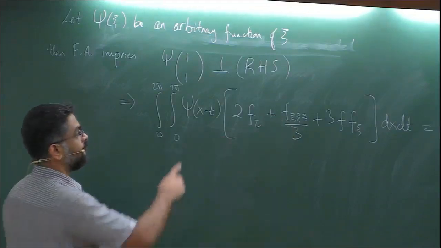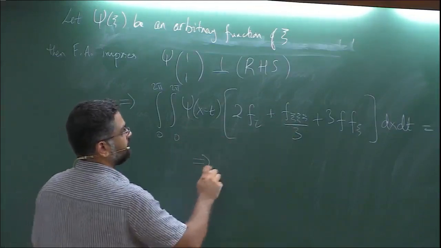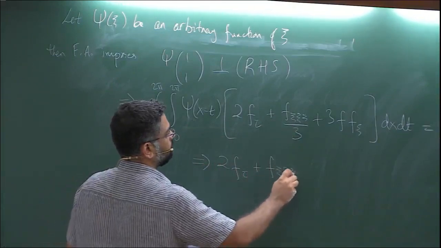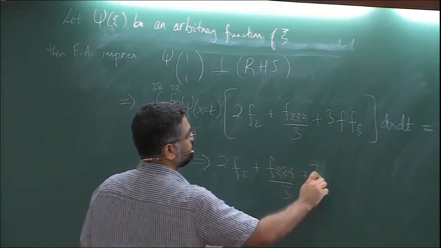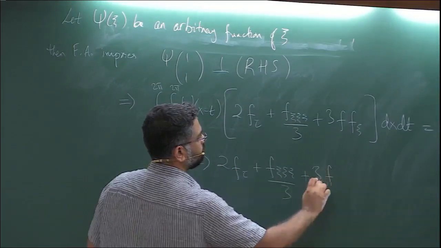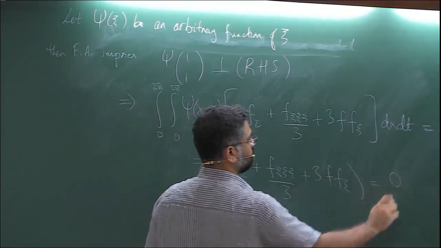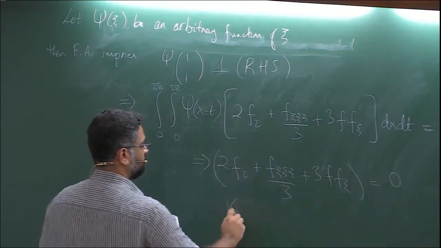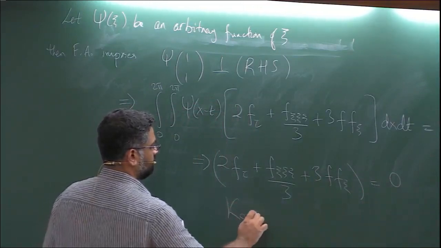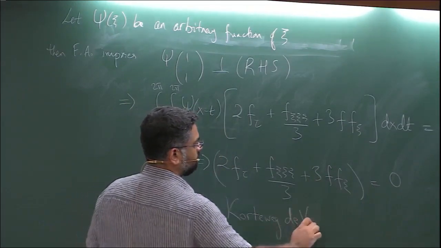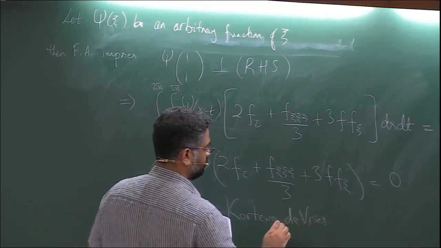So the only way this could be 0 for arbitrary psi is if the following is true. And this is Korteweg-de Vries.